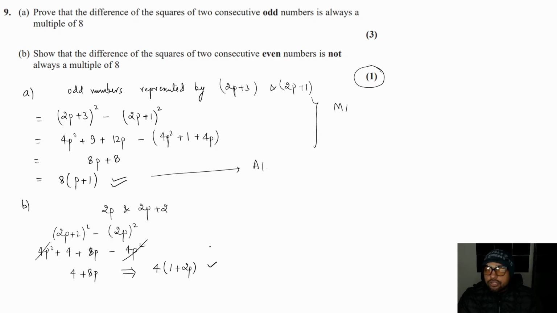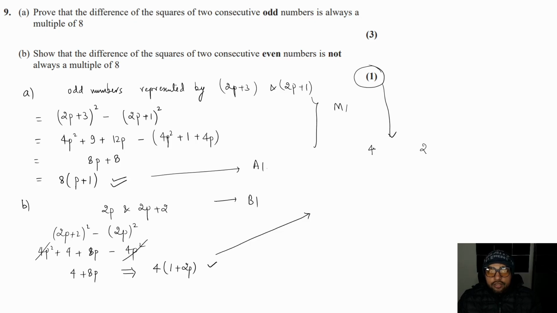Now, the thing I wanted to discuss from an examiner's point of view: you will score B1 here for this part because it is an independent part. Since it is of 1 mark, another approach could also be taken here. Take two consecutive even numbers, for example 4 and 2.